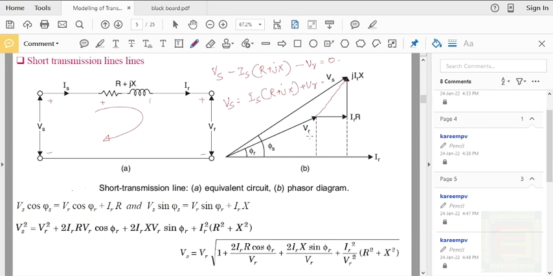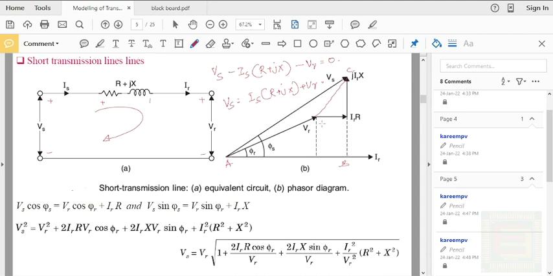In order to estimate the value of the sending end voltage, we can write the equation. If you consider this right angle triangle, say for example triangle ABC, AC square is equal to Vs square. So it can be written as AB square plus BC square.